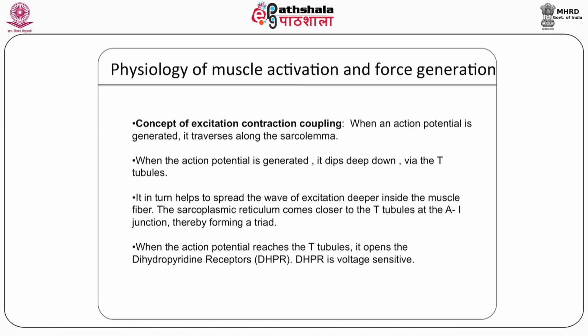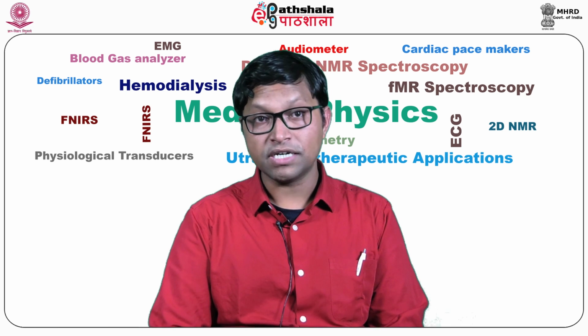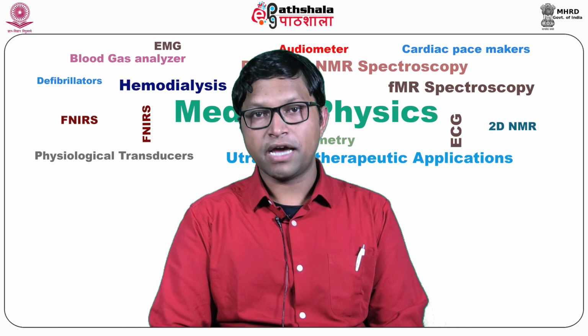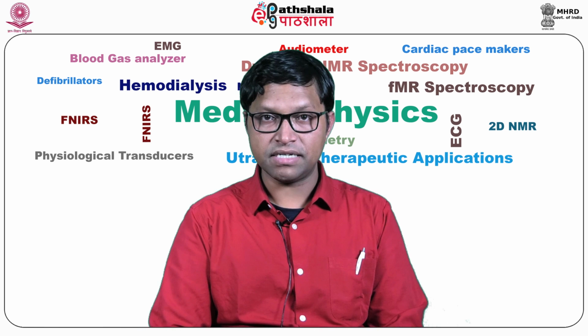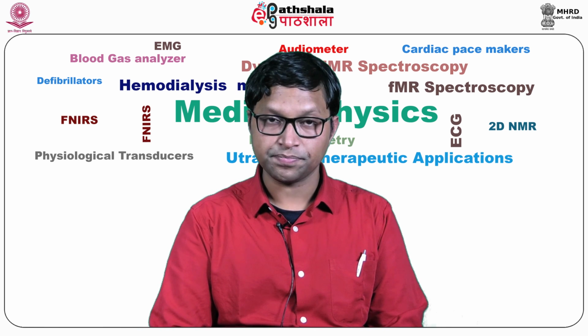When the action potential reaches the T-tubule, it opens the DHPR, that is the dihydropyridine receptor. The DHPR is voltage sensitive. It undergoes a conformational change, which in turn leads to the release of calcium ions from the ryanodine receptors, which are located on the cisternae, by physical interaction. The ryanodine receptors are calcium channels that help in the release of calcium from the cisternae.